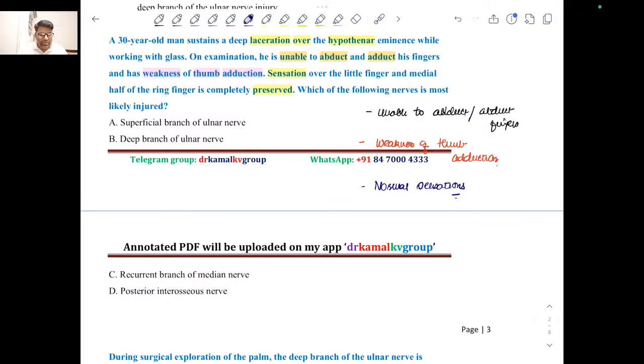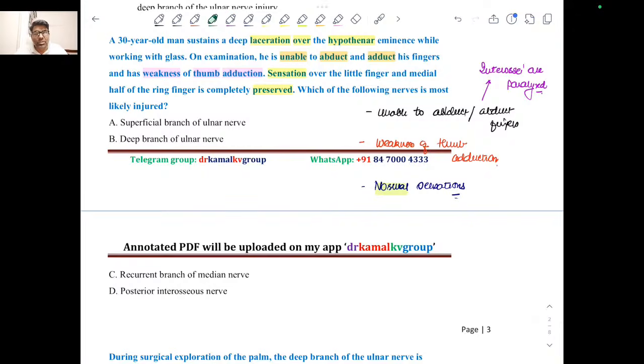So it means we are discussing one nerve which is purely motor, and therefore even though that nerve is paralyzed, sensations are normal. Now when abduction and adduction of the fingers is not possible, it means the interossei are paralyzed.